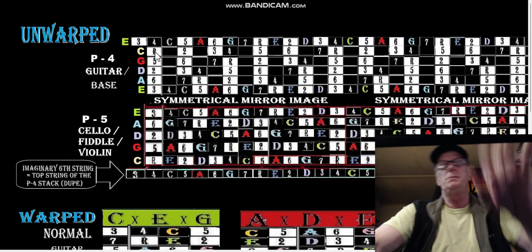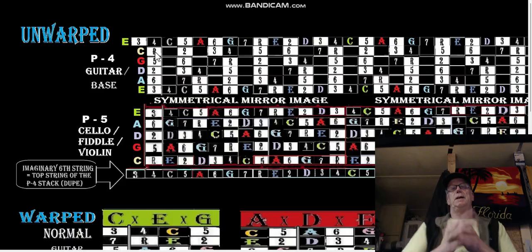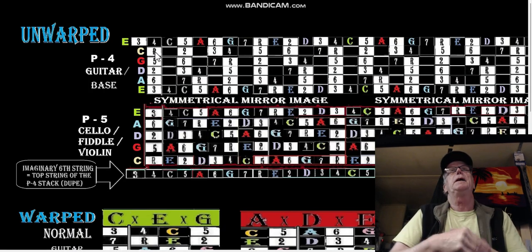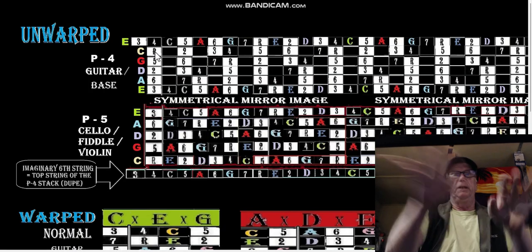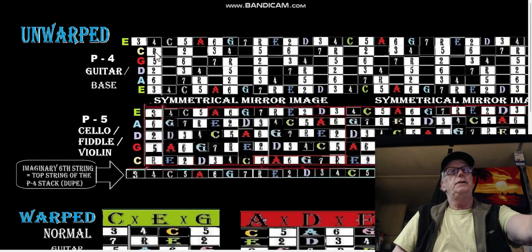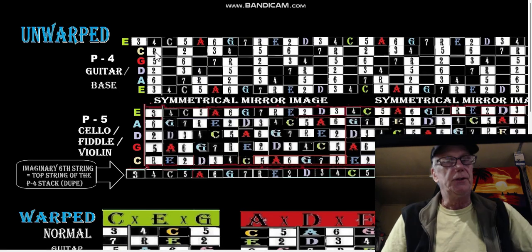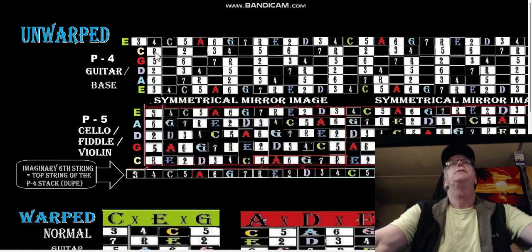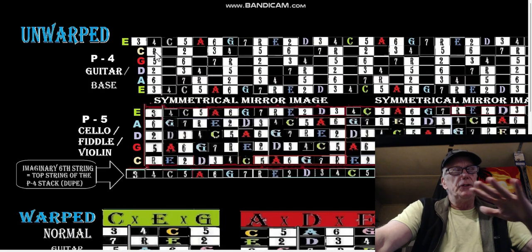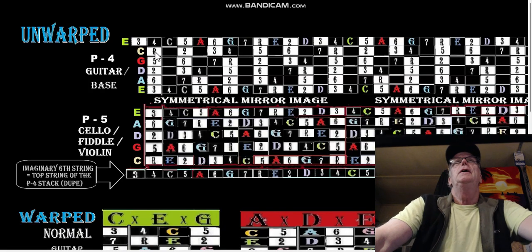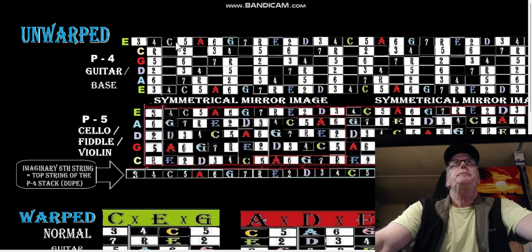I don't know where those melody notes are. I'd be a great piano player if I could just plunk a melody. But remember, that's the unwarped. That's the unwarped. When it's going really slow, you know, the Enterprise. So the unwarped is the P4 tuning, and that's why we have a C here.